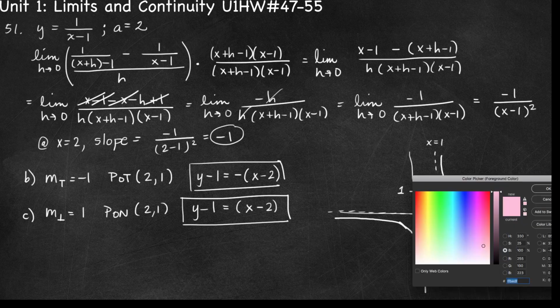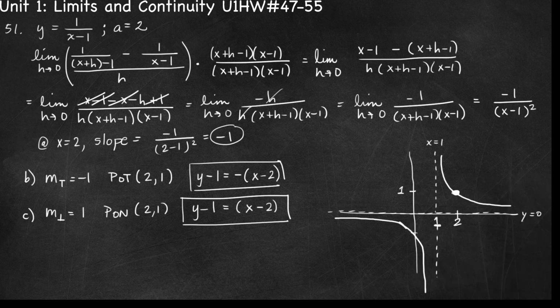So I draw my tangent line. Okay, so my tangent line is going to be approximately here. And I can simplify this if I want to get a more accurate sketch. If we solve this for y, it'd be y equals negative x plus 3. And then my normal line is going to be perpendicular. So it should be here.